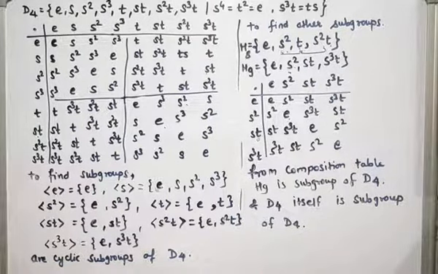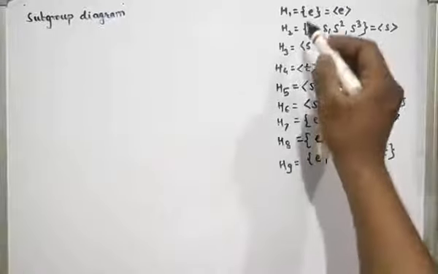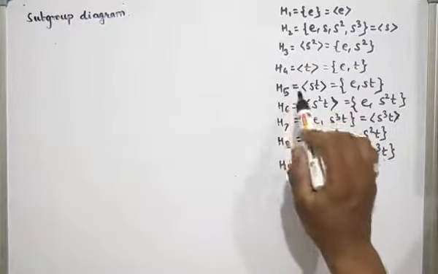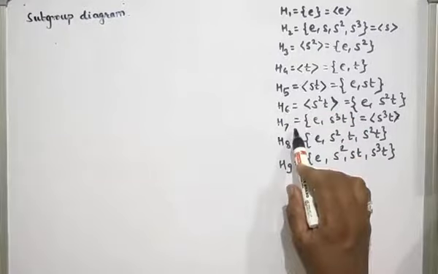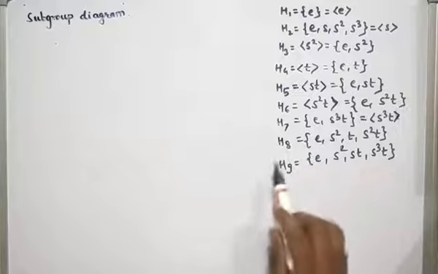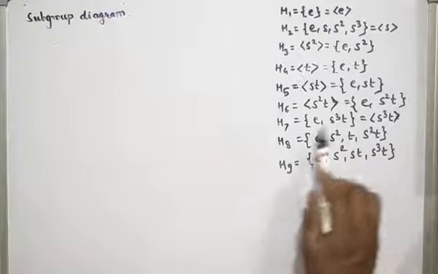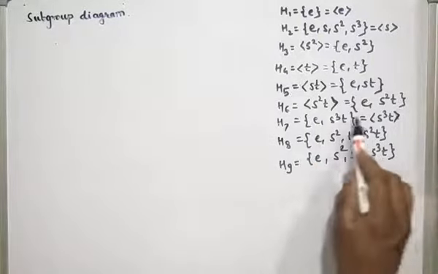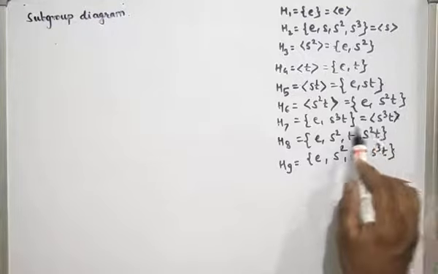So let us find the subgroup diagram. These are H1, H2, H3, H4, H5, H6 and H7. These are all 7 cyclic subgroups, and H8 and H9 are not cyclic because there is no generator which generates the whole group.